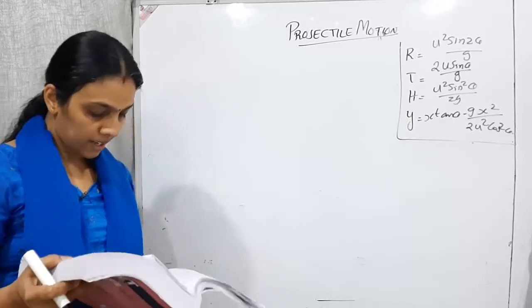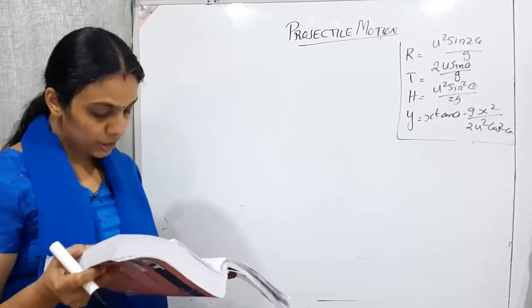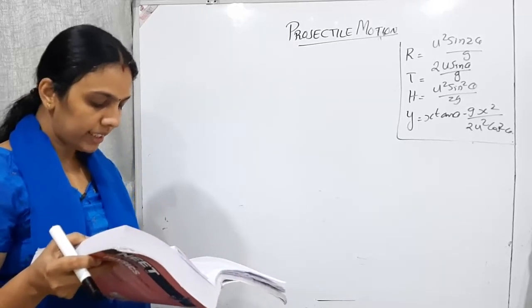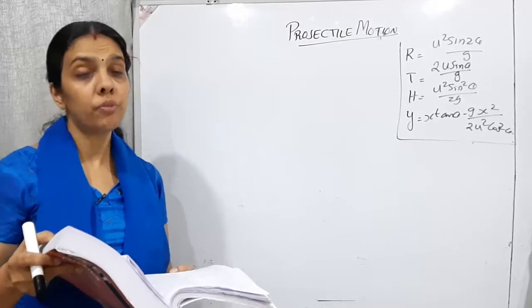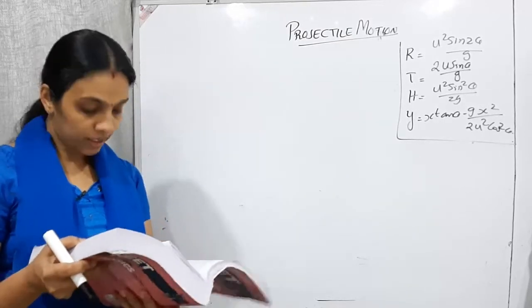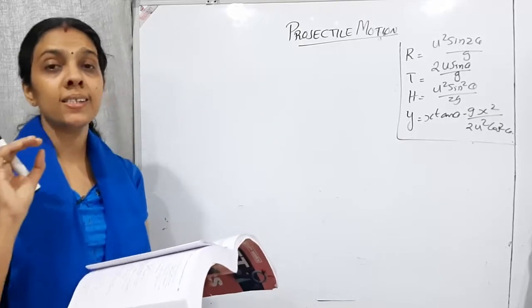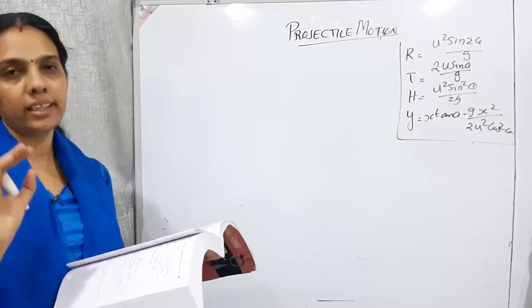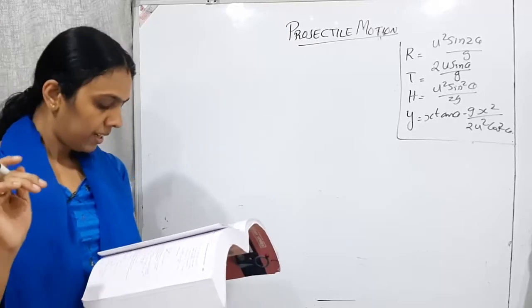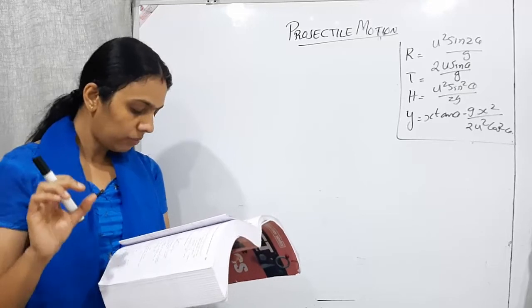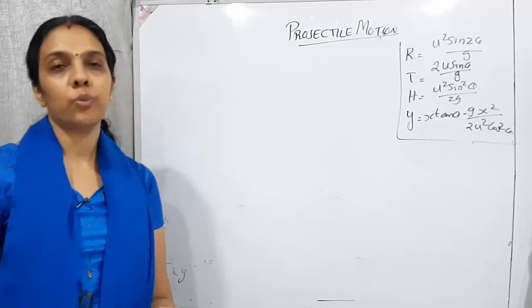Next question is, the horizontal range of a projectile fired at an angle of 15 degree is 50 meter. If it is fired with the same speed at an angle of 45 degree, its range will be?